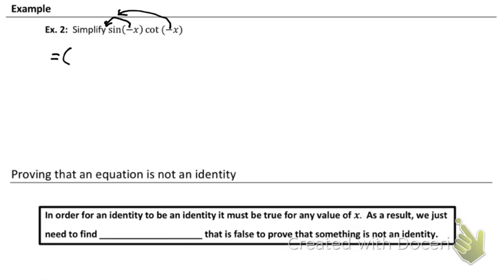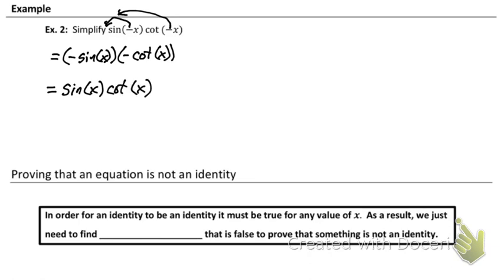If I rewrite this, we would have negative sine of x times negative cotangent of x. Well, a negative times a negative is a positive. So we'd actually have positive sine of x times cotangent of x.